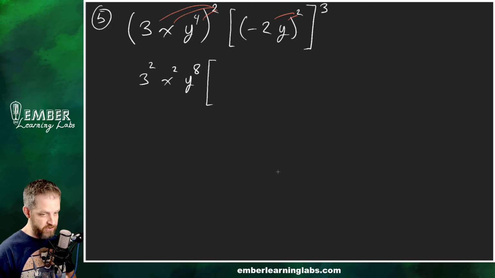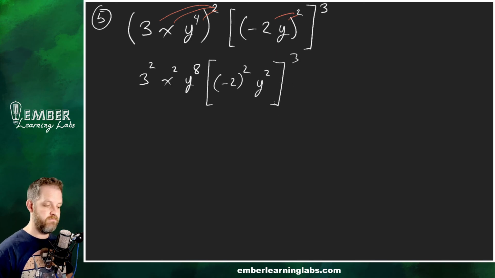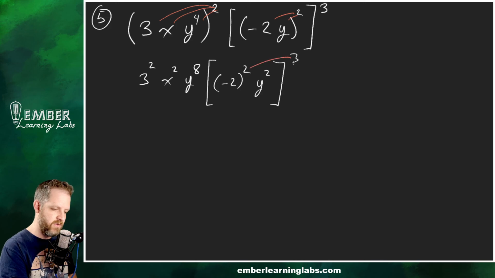So negative 2 squared is positive 4. But since I did it on this one, we'll get that in a second. So negative 2 squared, y squared, cubed. All right? No problemo. So now we're going to distribute in this guy.